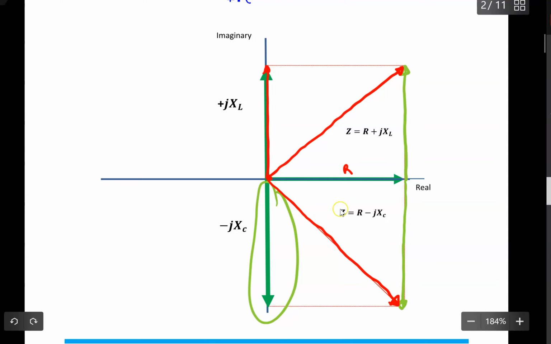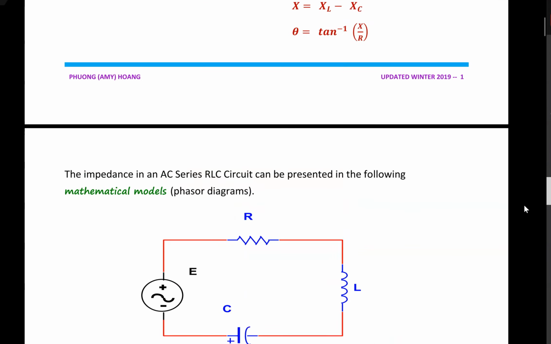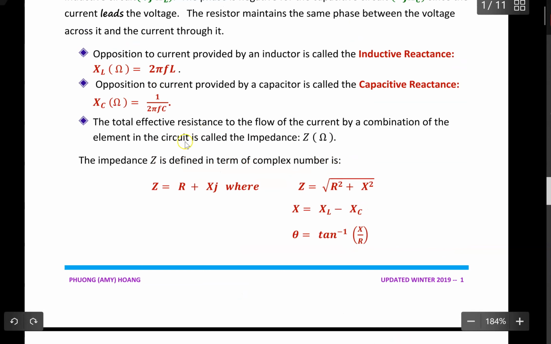Before I get into the real calculation for the Z or the impedance, let's get back to our theory up here. The total effective resistance to the flow of the current by the combination of the elements in the circuit is called the impedance. The impedance Z is also measured in ohms.